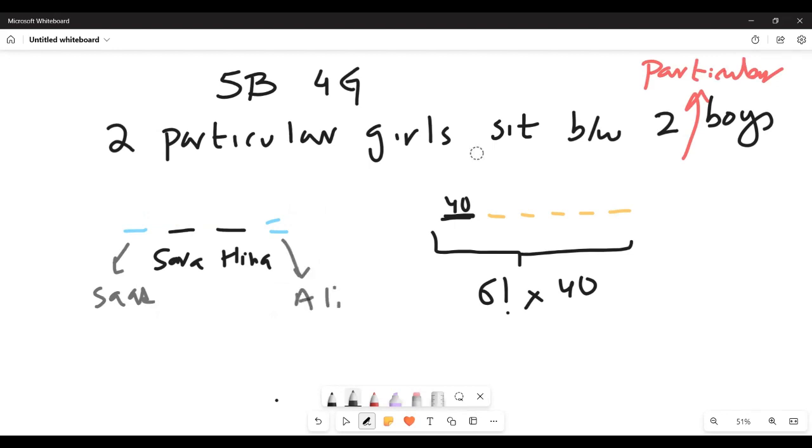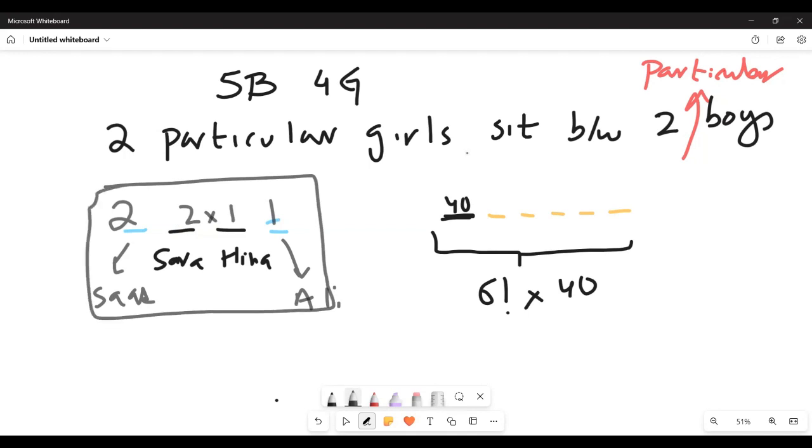So 2 particular boys between whom 2 particular girls have to sit. For this there are 2 contenders, 2 boys, so 2, and then for this there will be 1 contender. And similarly we have 2 contenders here, so 2 times 1. So now this box has 4 arrangements only. So it goes down to 4. So it has 4 arrangements and that is considered as 1 person. And then there are 5 more people. So 6 factorial comes, total arrangements times 4.